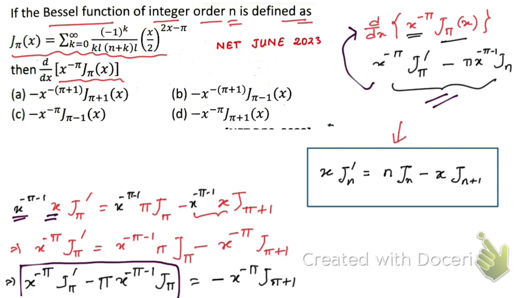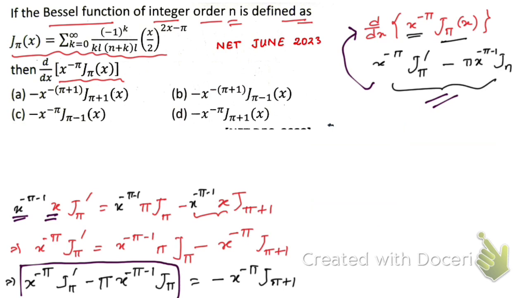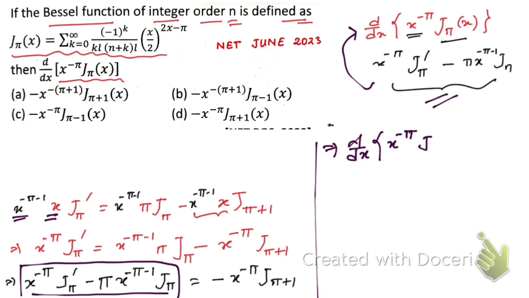So that's why, let me clean this first. So now here you see, therefore we can replace this part by d/dx of x to the power minus n J_n of x, which is actually equal to, on the other side we have got minus x to the power minus n J_(n+1) of x.